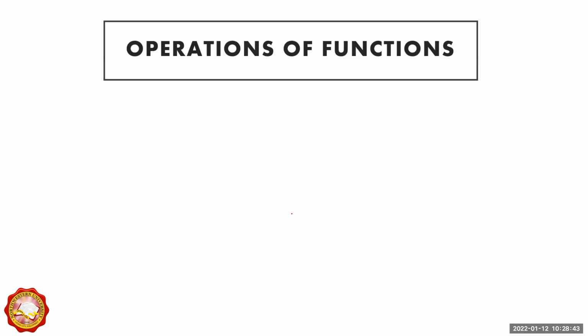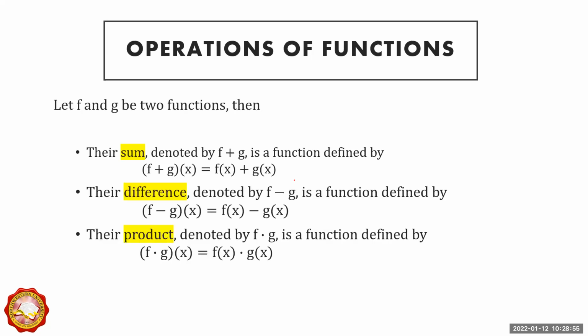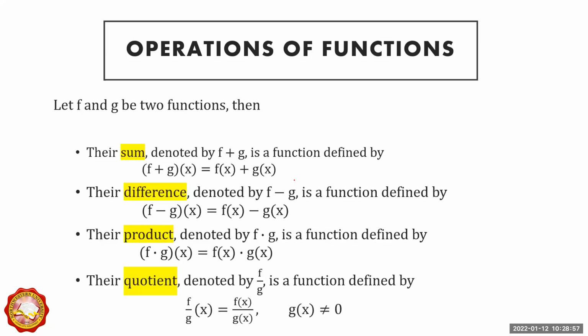So, now, when we talk about operations and functions naman, operations are just addition, subtraction, multiplication, and division. So when you do this, of course, you're just going to do or to show what is needed.